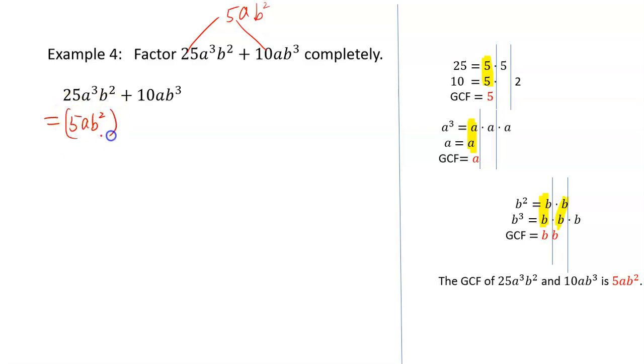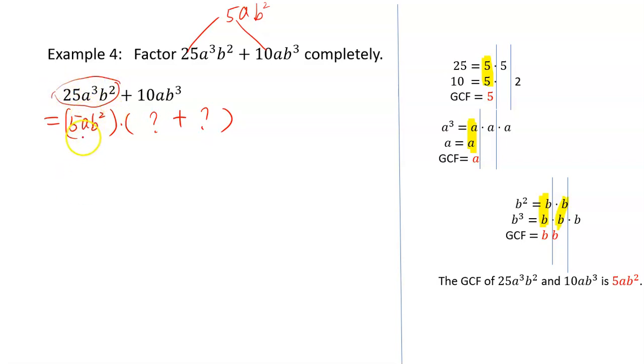We found one of the factors. Now we need to determine the other factor, again in the parentheses. And notice the original problem has plus, so it's going to be plus here in the parentheses. So how do we determine these two? And remember, factoring is reversing multiplication. So we're going to do the inverse multiplication, which is division. In order to figure out this, how do we get that from multiplication?